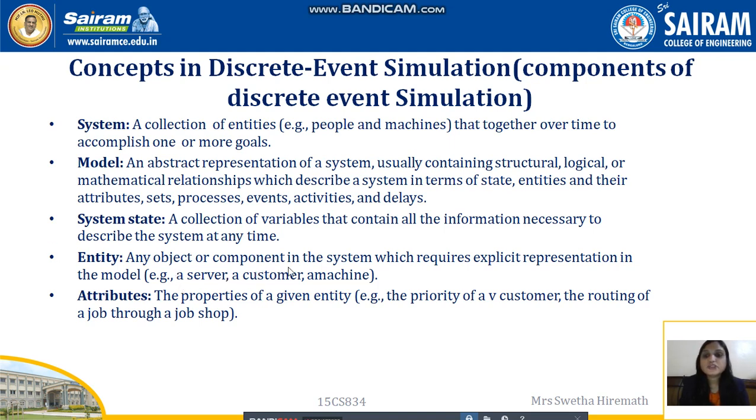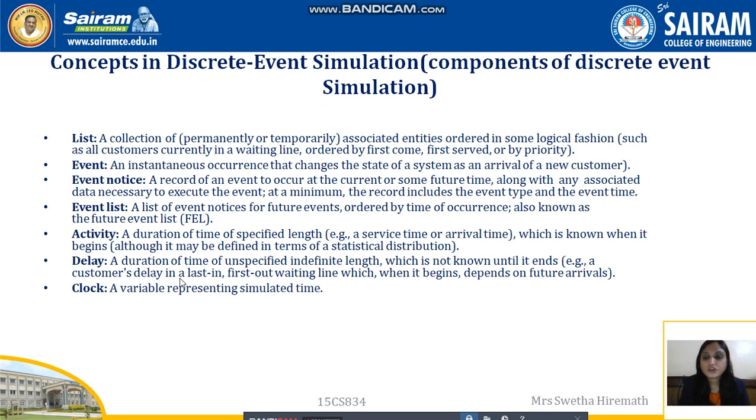Entity, any object or component in the system which requires explicit representation in the model. Attributes, the properties of a given entity. So attributes are nothing but the properties of a given entity. Example, the priority of a VIP customer, the routing of a job through a job shop, etc.